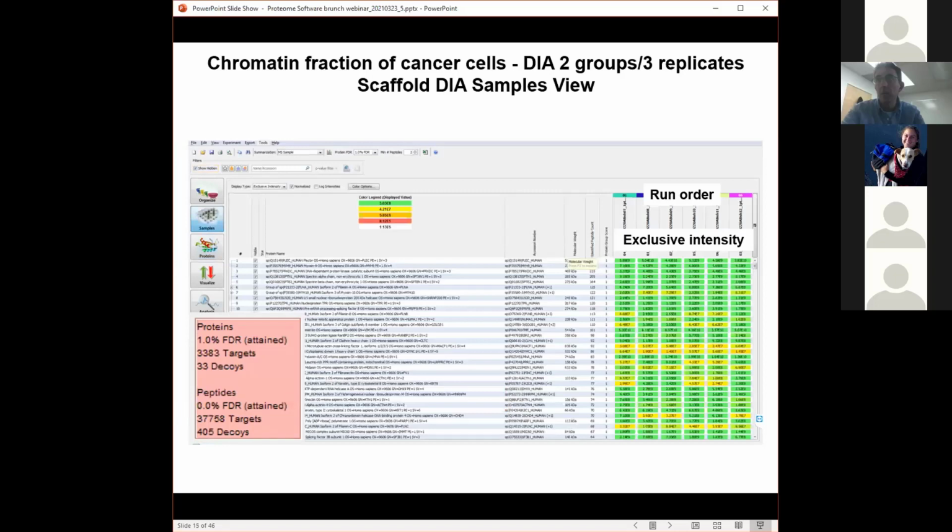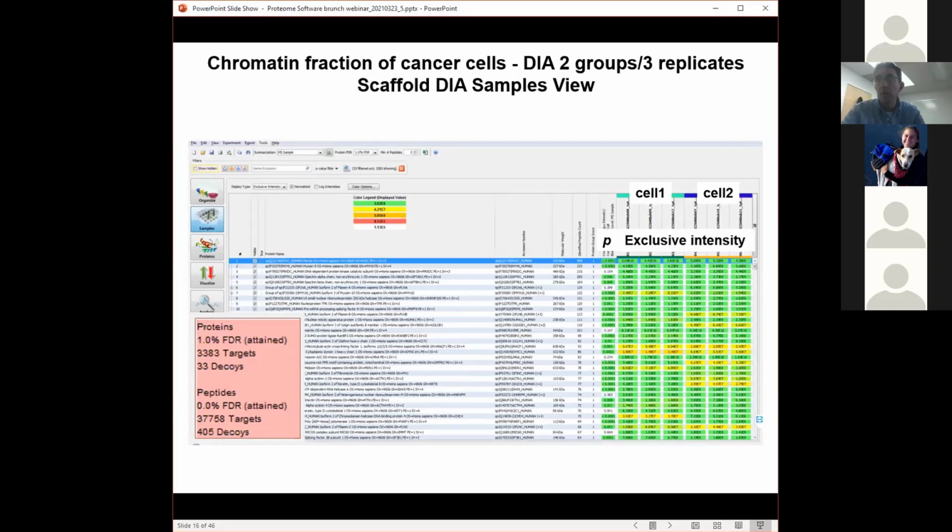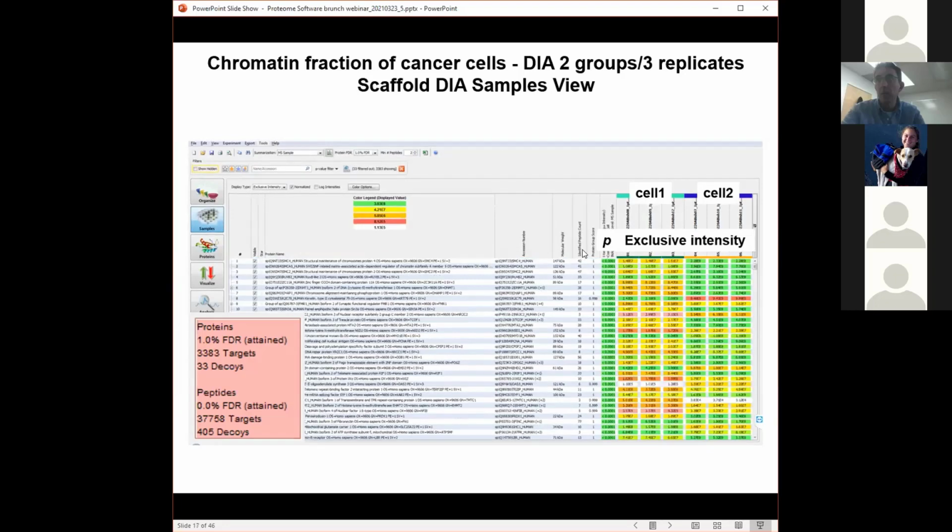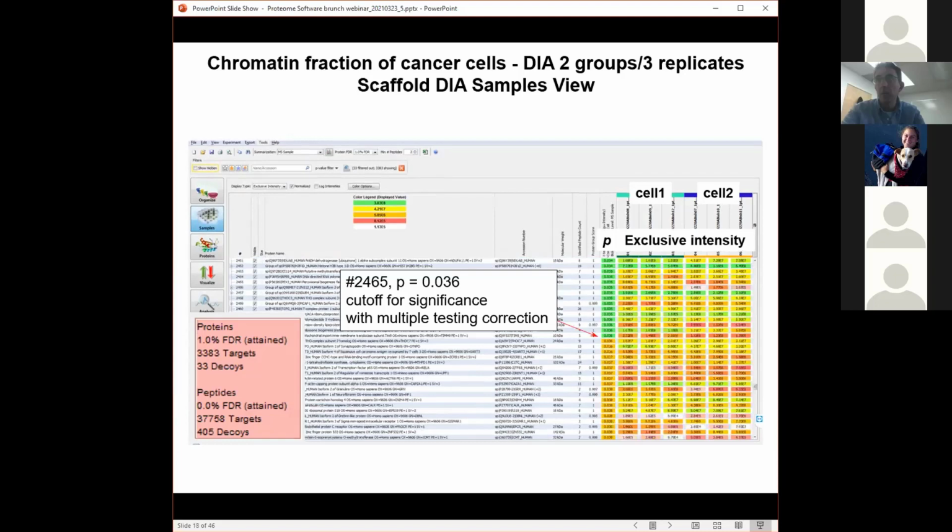All right, now back to the results. Again, going to do a t-test and sort by p-value in the same way. Green here is significant with correction for Benjamini-Hochberg multiple testing. And you really can see the notable difference in the relative quantities of this group. I'm going to scroll down again like I did for the spectral counts.